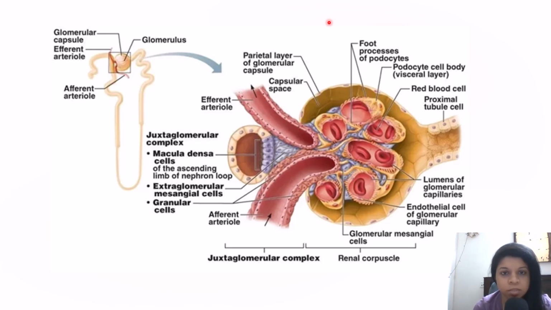So JG cells mainly secrete the renin, and they are present in the afferent arteriole. The macula densa is especially to detect the sodium concentration. So when your BP decreases or sodium concentration decreases, JG cells are activated and renin is secreted. Extraglomerular mesangial cells support the function of the JG cells, the afferent arteriole and the macula densa.